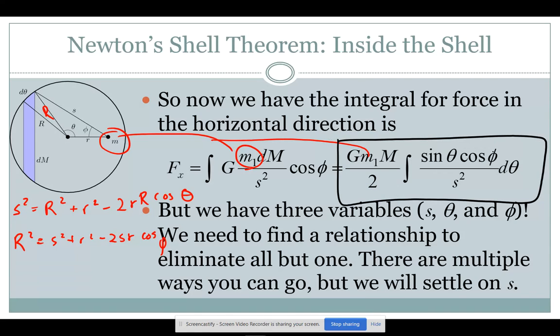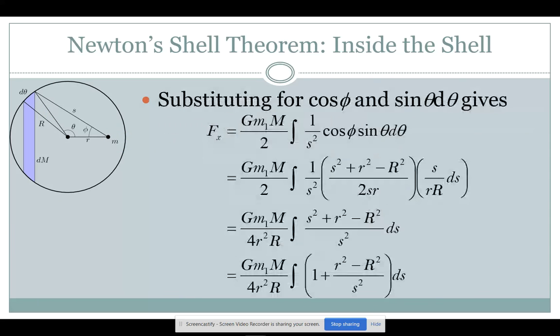I had sine theta cosine phi d theta over s squared. So there's one of the things I'm replacing, there's the other one, and I have over s squared. The over s squared stays here. Here is cosine of phi, and then sine theta d theta is this.